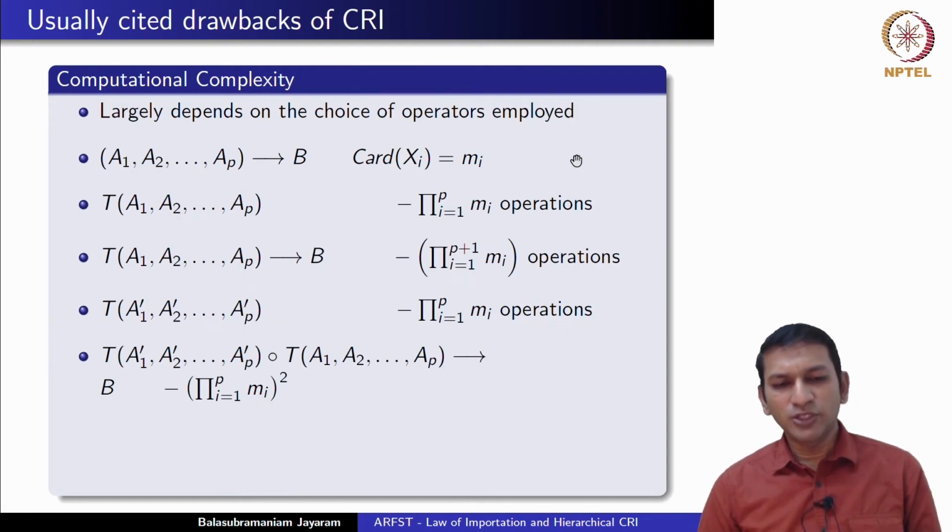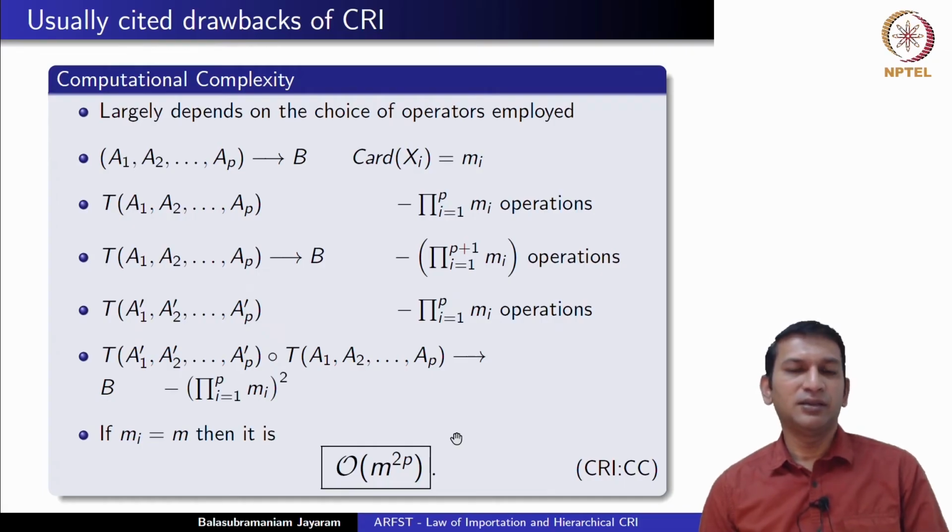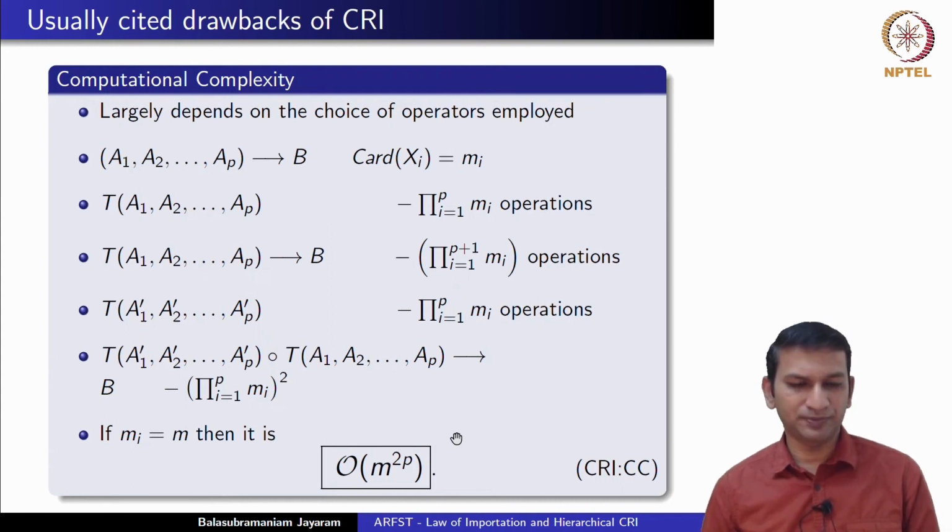So if you assume that all the mi's are the same, say equal to m, then essentially the order is given by the largest of these. So here you have m power p the whole square, so it is of order m power 2p. So those many operations have to be performed. Here p is the dimensionality, and m is the discretization constant: on each domain, how many points of discretization, that discretization granularity that we are making use of.